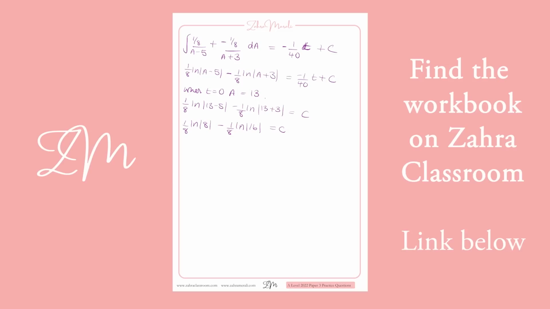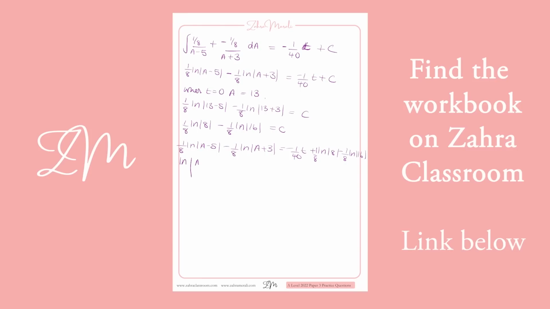Now what you can do is combine it all now, but what I tend to do is leave everything like that, stick it all back into the formula, and then times everything by 8 to get rid of those 8s, and then combine my logs. So 1/8 ln (a minus 5) minus 1/8 ln (a plus 3) equals minus 1 over 40t plus 1/8 ln 8 minus 1/8 ln 16. I'm going to times everything by 8 and put all my logs on one side.